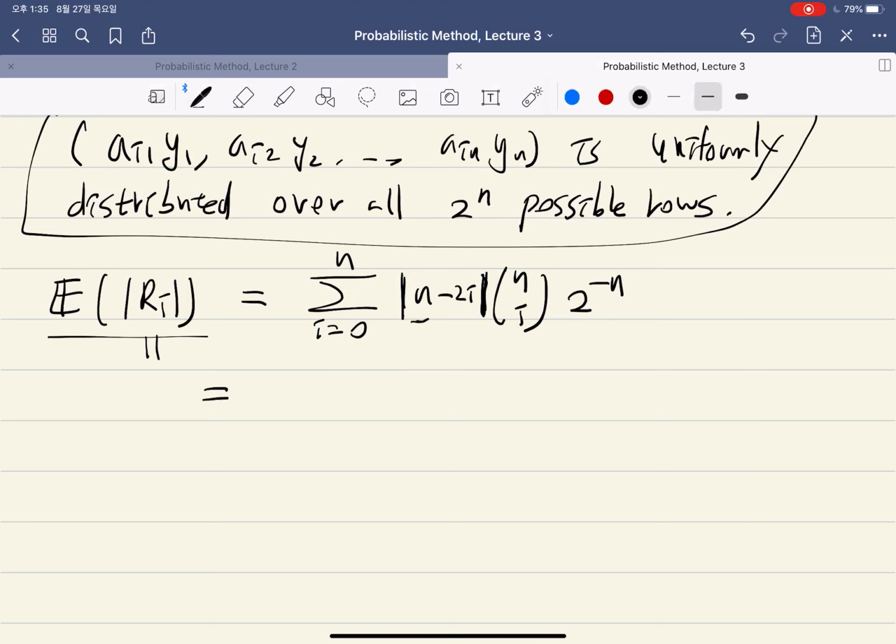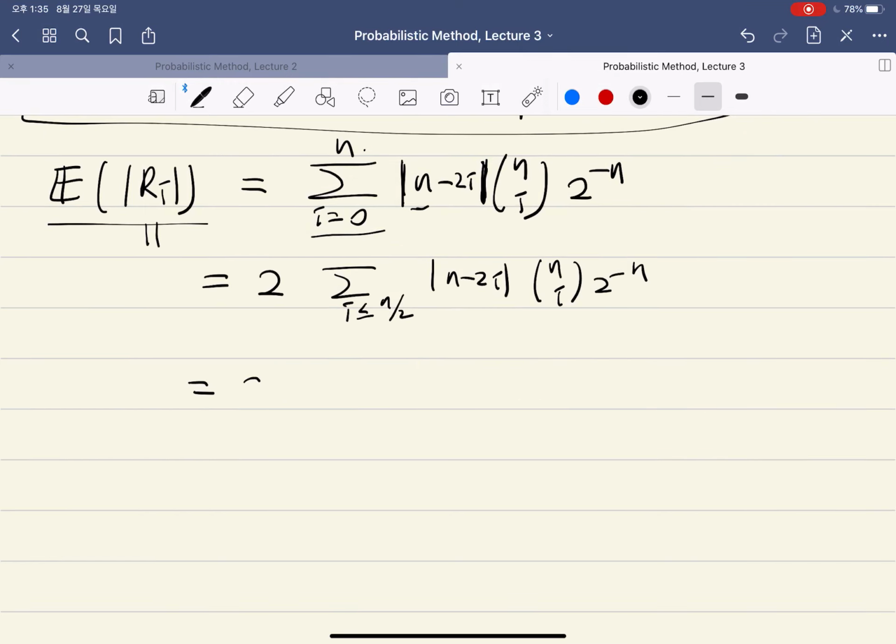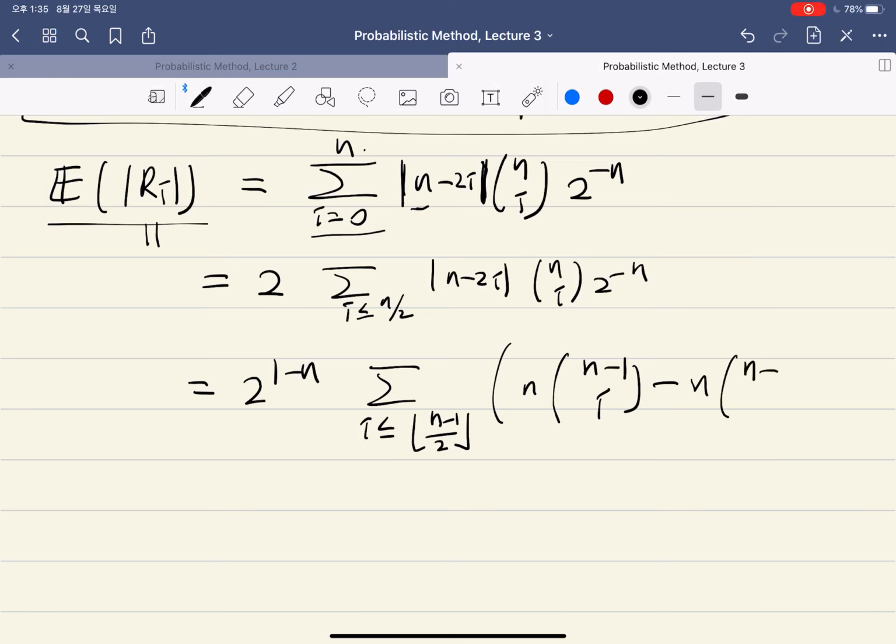And you can now compute this. i is from 0 to n, but it's symmetric, so you can add terms only up to half and then multiply by 2. And you can actually check that this is the same as the summation of this.